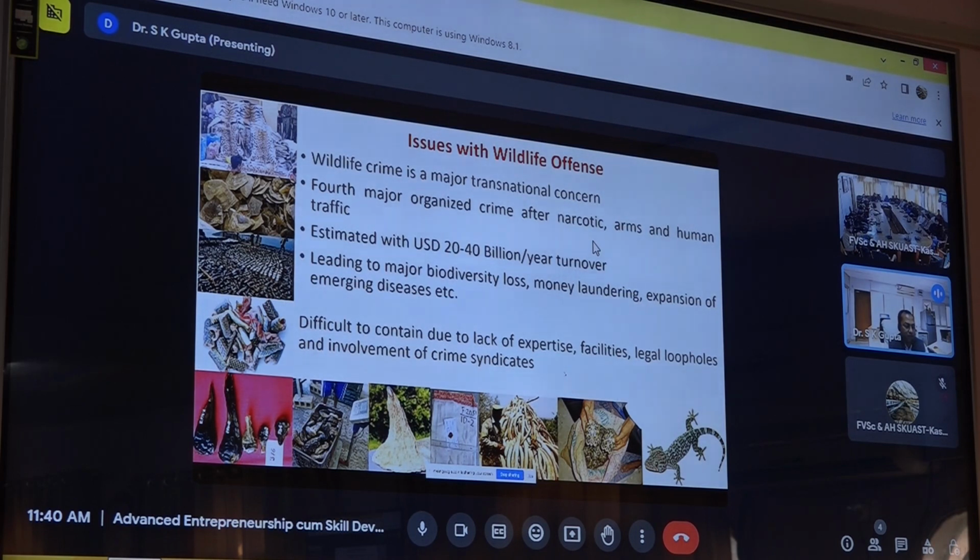So it is the 4th major organized crime after narcotics, illegal arms and human trafficking. And only from the illegal wildlife trade, the revenue generated across the globe is about 20 to 40 billion US dollars per annum. And many times it has also been used as a money laundering object.